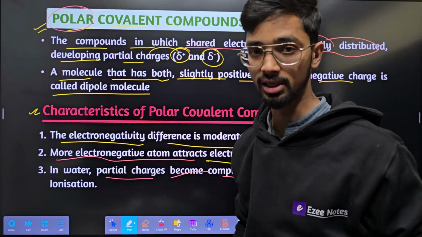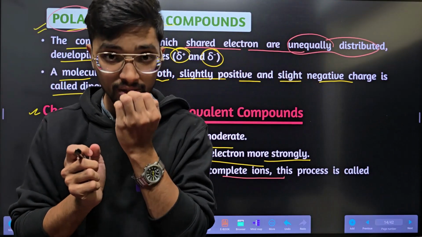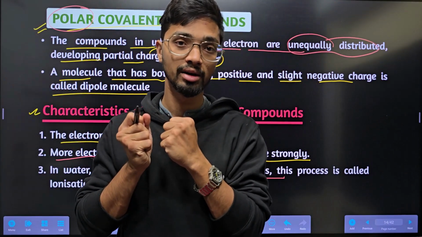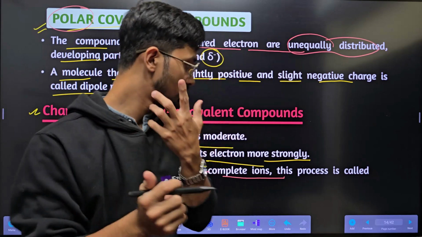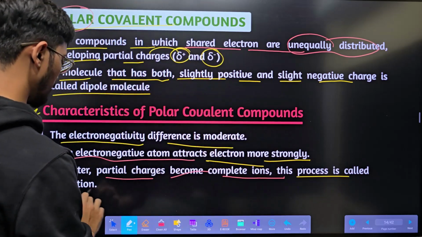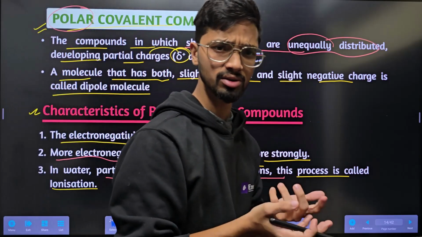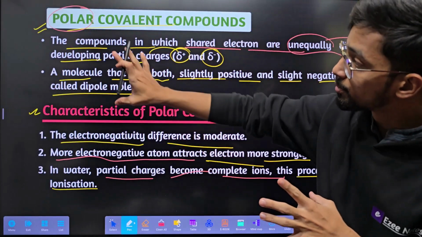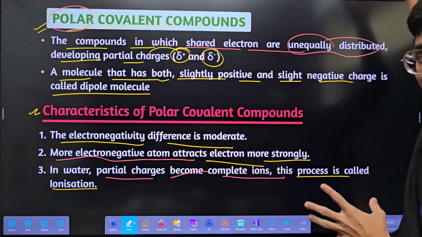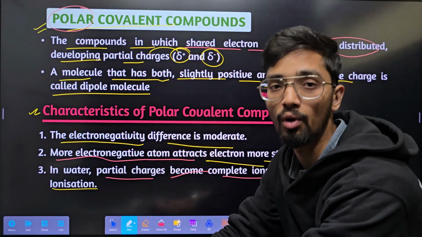They'll dissociate easily. Those electrons which were being pulled will be pulled completely from the less electronegative atom. This process is called ionization, right? So a polar covalent compound can become an ionic compound in water.